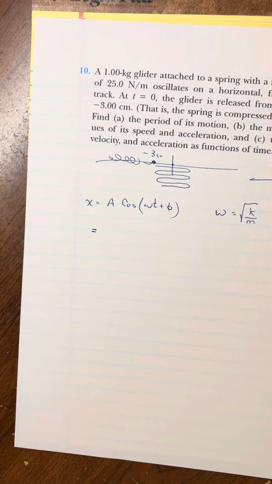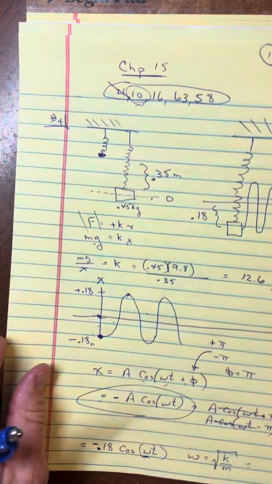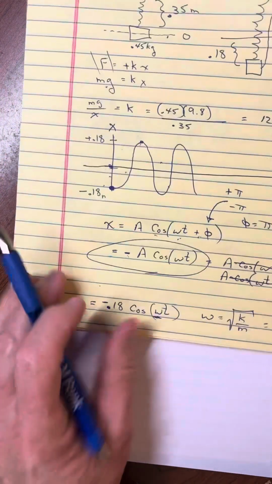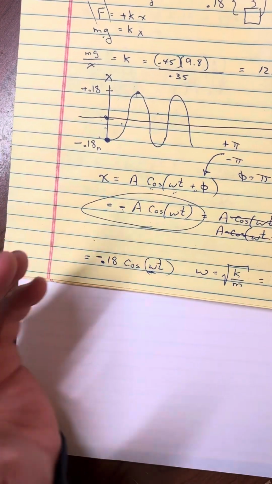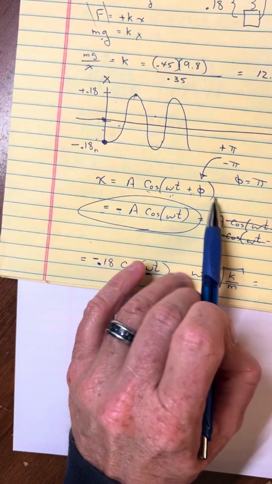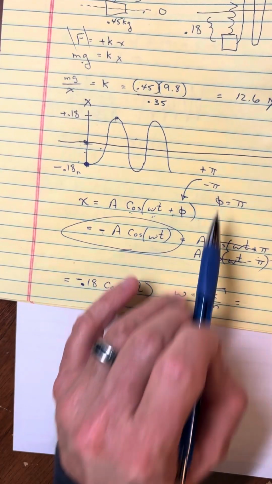In fact, we had this discussion already here on this first example, number 10, where we said you could write this in a lot of different ways. You could write it as a cosine function that's been shifted by either a plus pi or a minus pi.